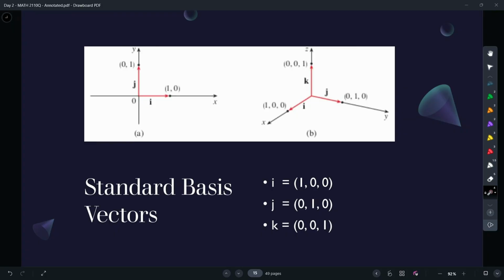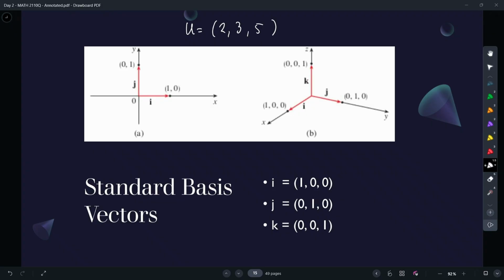Okay, so in linear algebra, to express vectors, we do everything in terms of a basis. So when I write a vector, say, 2, 3, 5, then we know what that means.